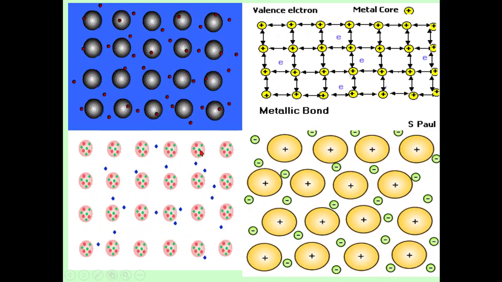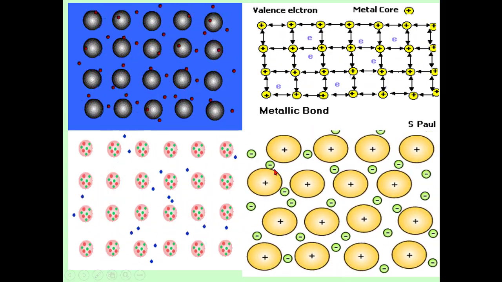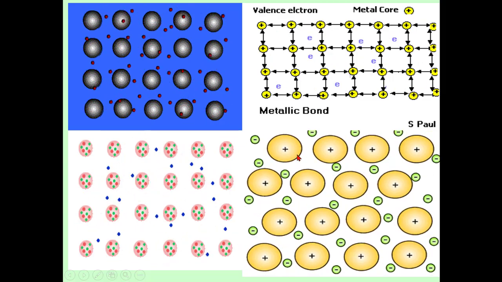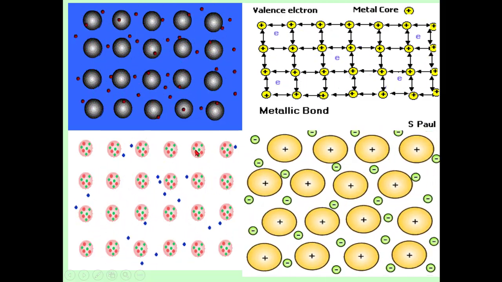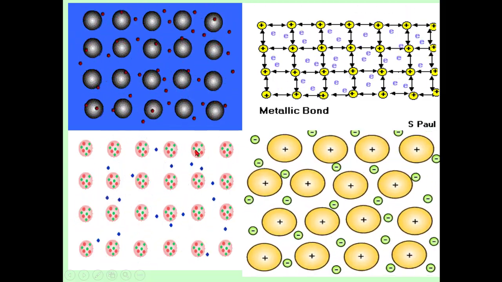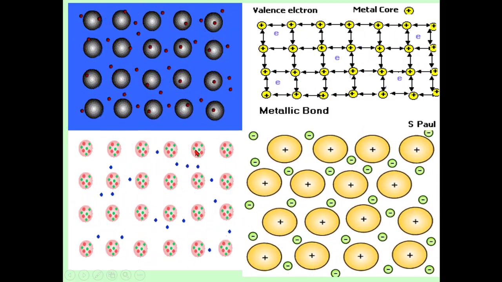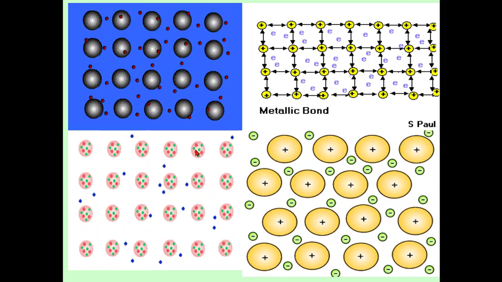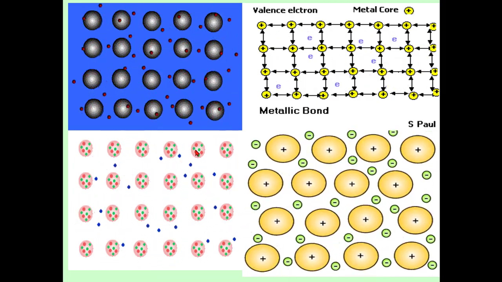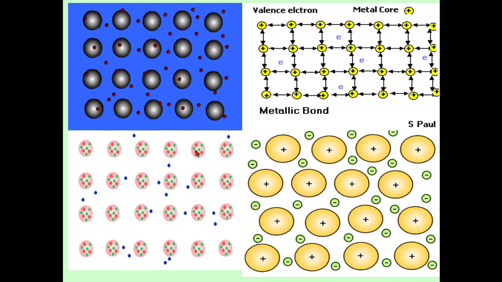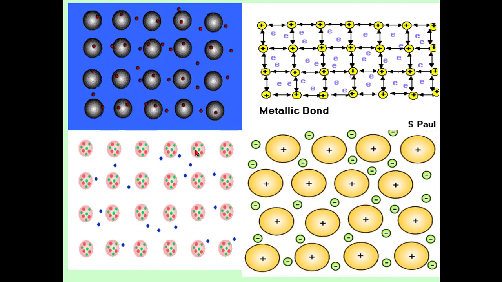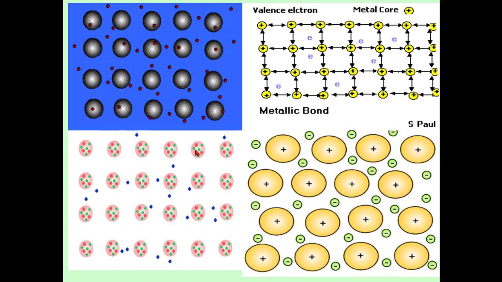These free electrons are free to move from one place to another, and that is why metal can be strong, and this property also explains how metals are good conductors of electricity. So they are free electrons and electricity can be passed very easily.